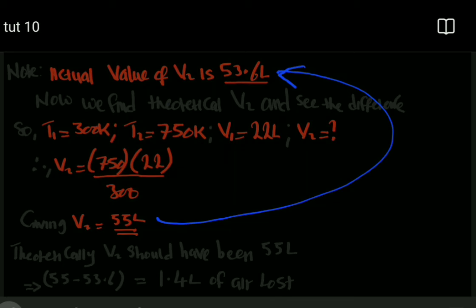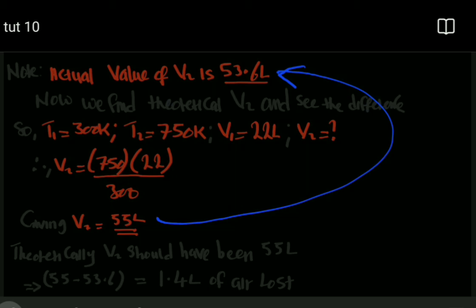So this implies that there is more air that has actually gone out of the container. Instead of having 55 liters, we only observed 53.6 liters. So meaning whatever the remainder there, or the difference between the two volumes, that is the air that has been lost, or the air that has leaked out.